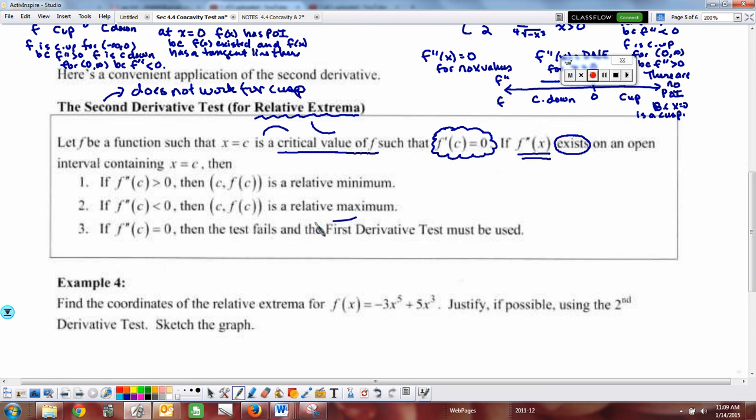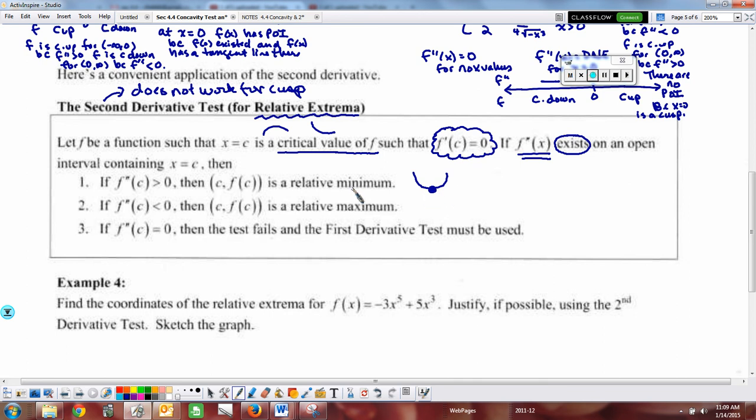When the second derivative is positive, your original function is concave up. If you had a smooth curve on an open interval where it was concave up, and you plug in the critical value that had a slope of 0, it has to be a relative minimum.